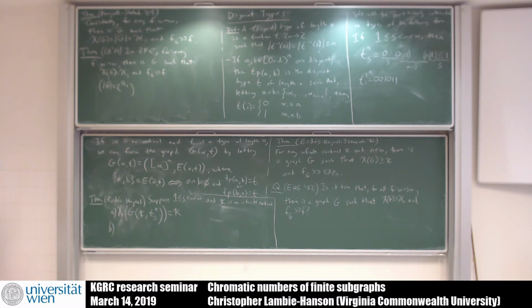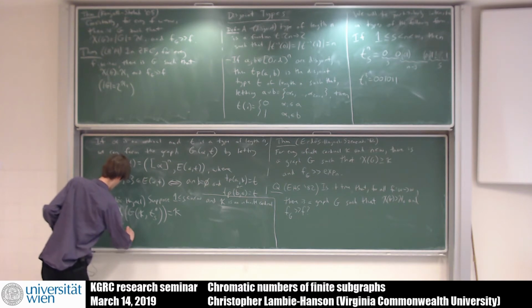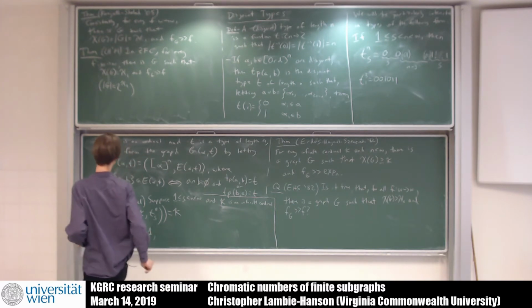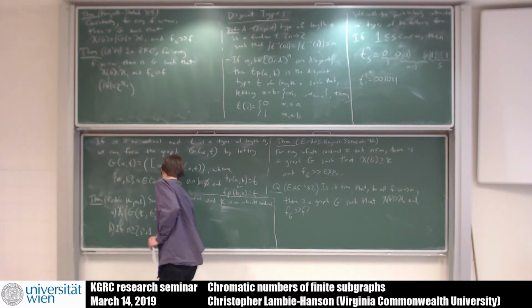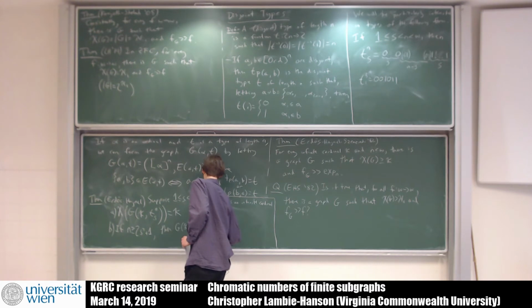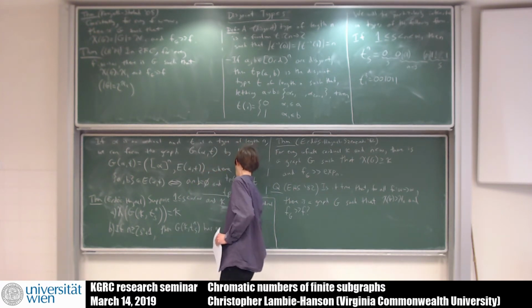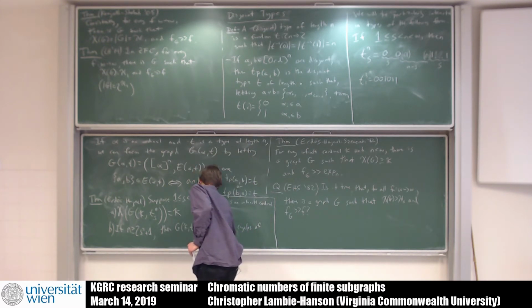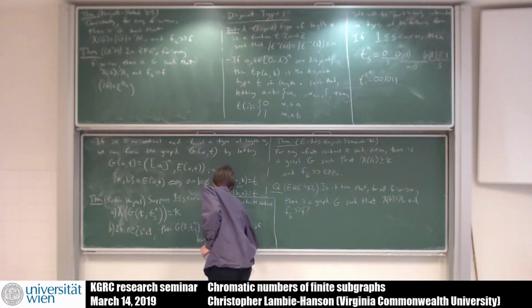The second thing that was stated without proof, and as far as I know has never appeared in print, is also not obvious. It is true, I do know a proof of it. It says the following: if n is at least 2s squared plus 1, then G kappa T n s has no odd cycles of length 2s plus 1 or shorter.